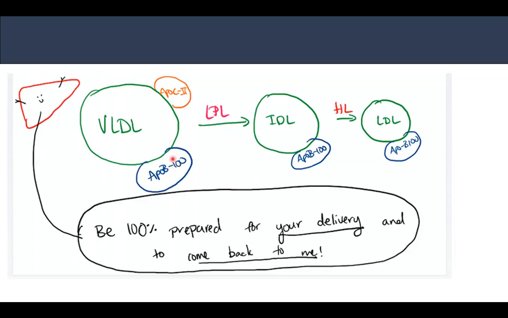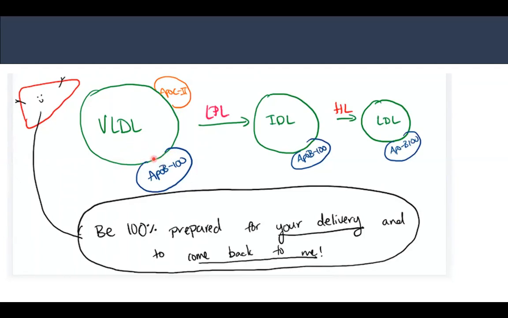The first apolipoprotein I want to talk about is ApoB100. ApoB100 is an apolipoprotein that my liver makes. I want you to think about the liver like a mom, and it has this child that is VLDL, and it attaches ApoB100 to the VLDL in order for the VLDL to deliver its triglycerides.